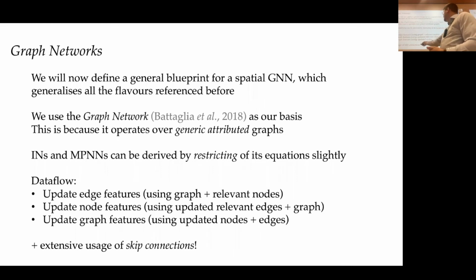Then you update the node features by aggregating over all the edges that send to that node. And finally, when you've updated both the edges and the nodes, you update the graph features by doing a permutation invariant sum of all the nodes and all the edges, right? And use that to update the graph. And of course, use a lot of skip connections, because when you have a model that's this expressive, putting in skip connections is always a good idea to make the model learn a bit better.